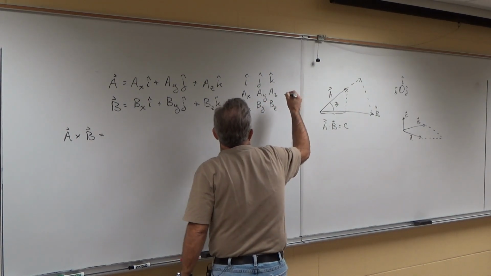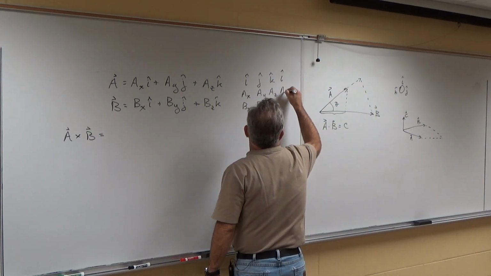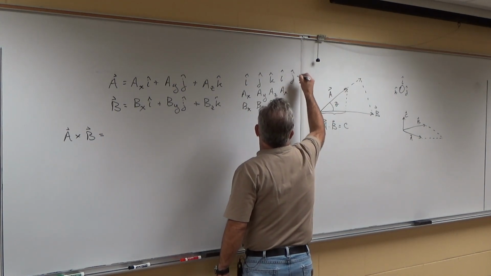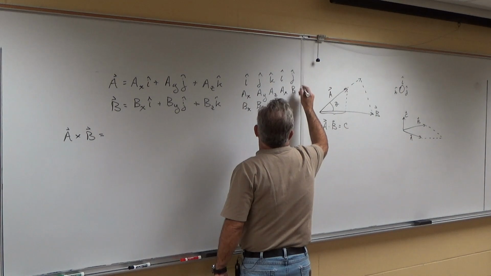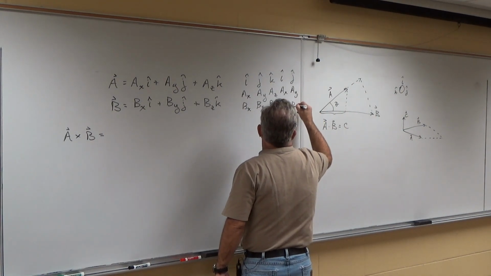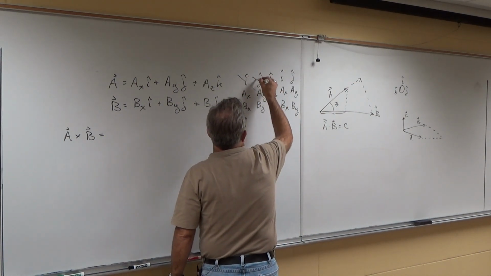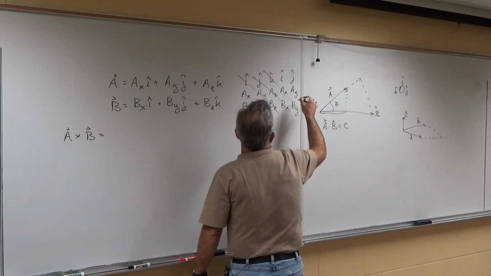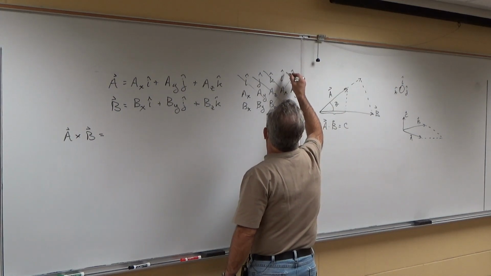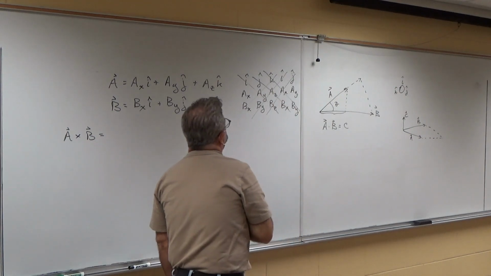And then the way I do it is I put these two rows over here, I hat, this is ax, bx, j hat, this is ay, by. And then you make these little diagonal lines.